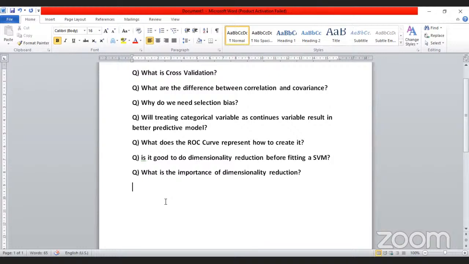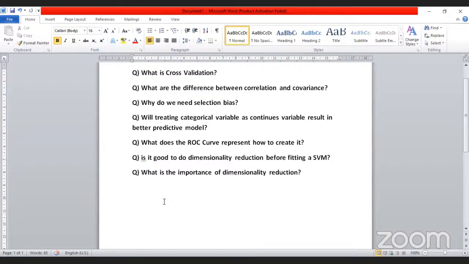The next advantage is that it removes the issues of multi-collinearity, thereby improving the parameter interpretation of the ML model.